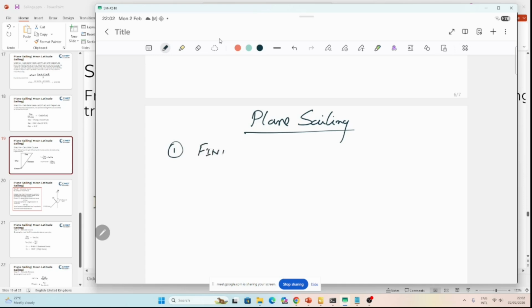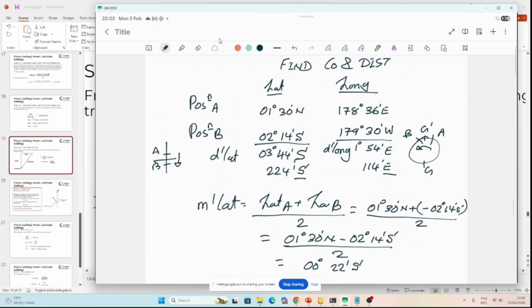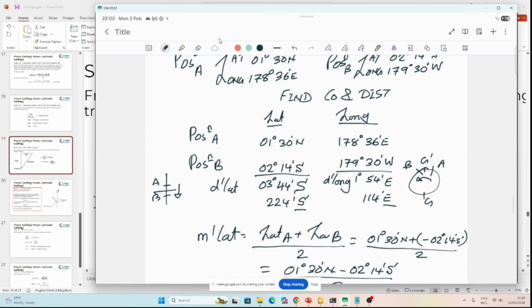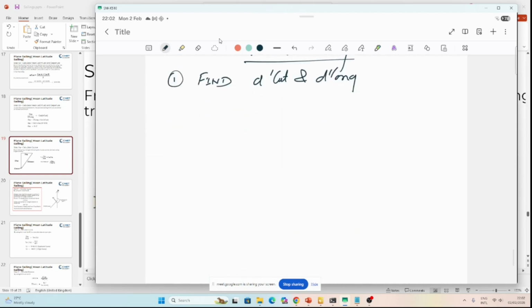Find d lat and d long. That is the first step, isn't it? Are we clear? So what we did first is we found the d lat and d long. Then we found the mean lat. That is your second step. Find mean latitude.